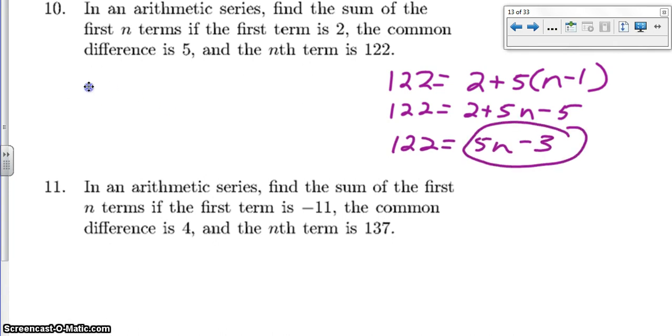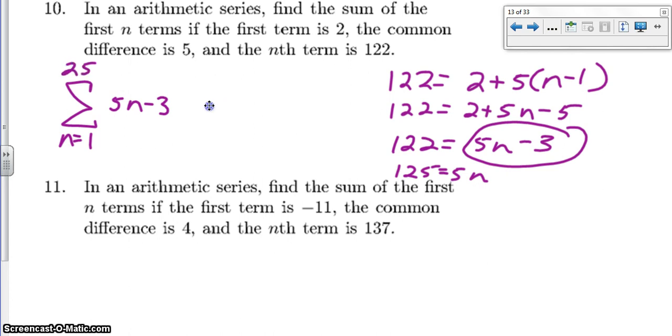There's my related function. Okay, so I know that n is equal to 1, and I want to find 5n minus 3. Of course, 125 equals 5n, and so n is equal to 25.